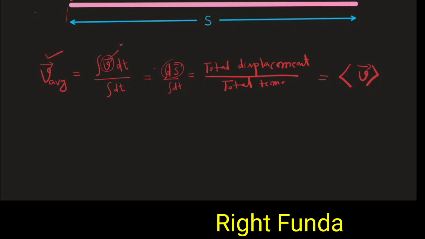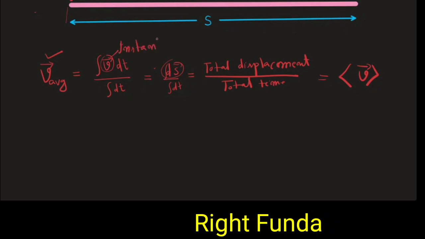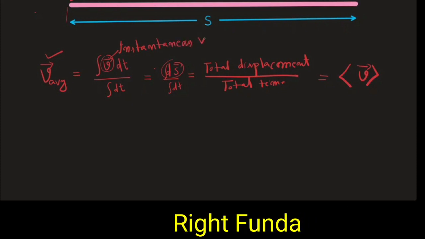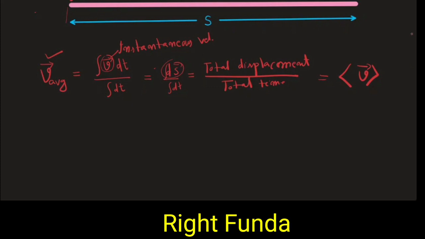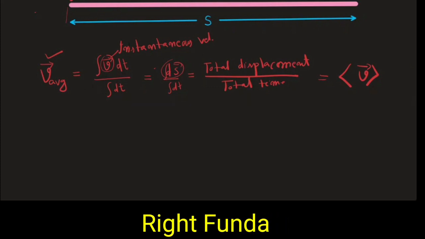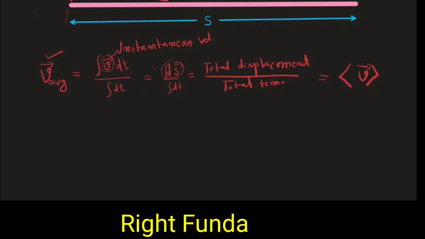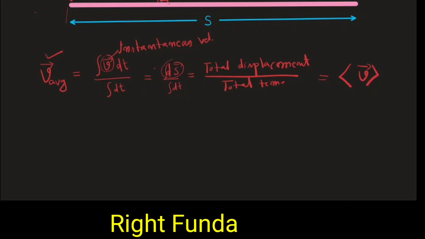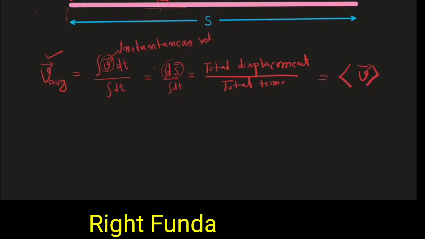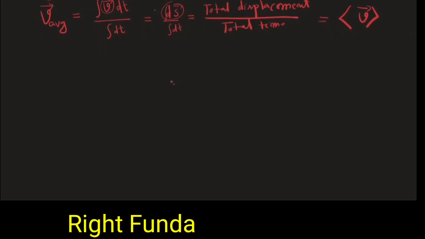This instantaneous velocity is multiplied by dt. So in dt time, the velocity is v, and we multiply v dt, integrate it, and divide by the integration of time, the total time duration from here to here.